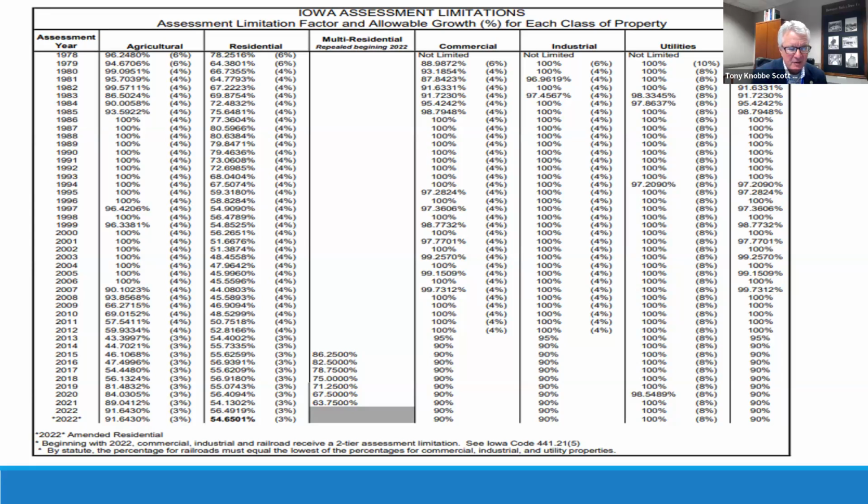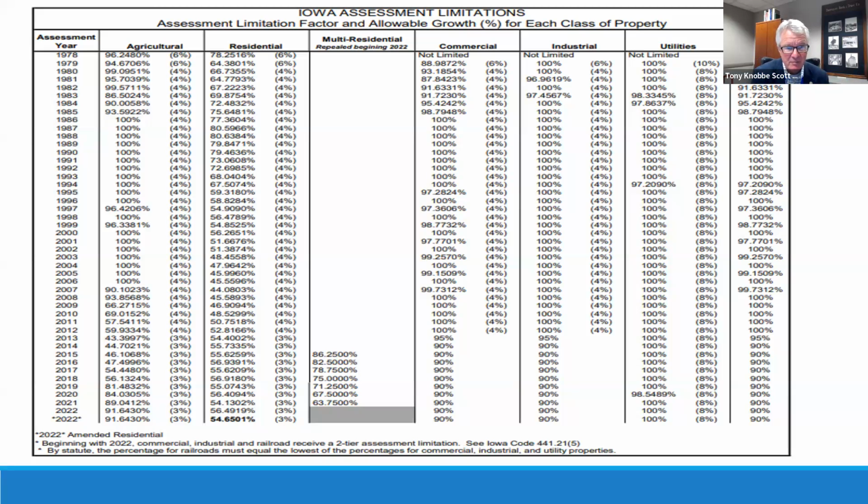Ag and residential are the only two classifications that go through the rollback calculation process. The others, if they have any rollback at all, are set by the state legislature and don't move until they touch them again. So commercial and industrial are at 90%, utilities pay 100%, railroads 90%. And so those don't get touched from year to year.